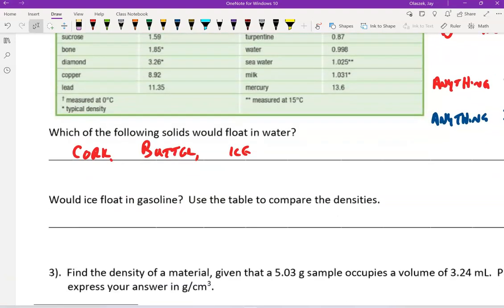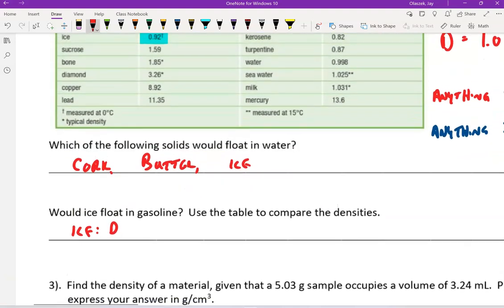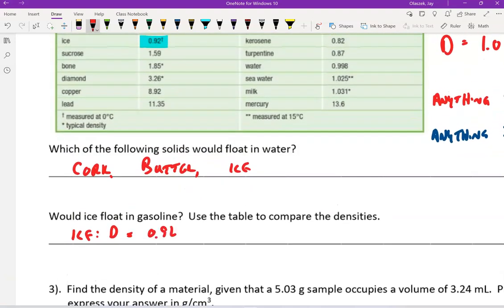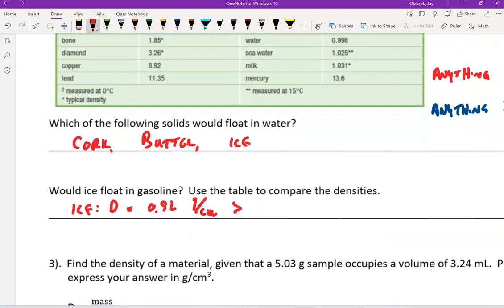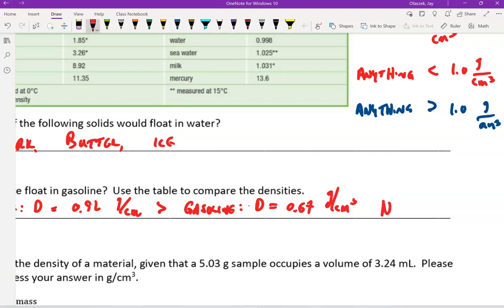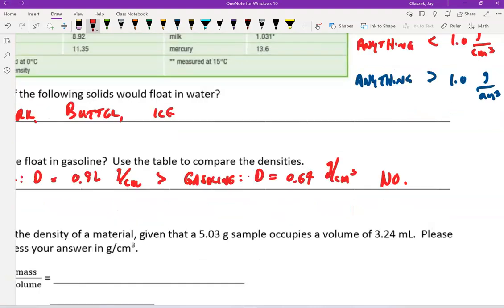But because ice has a density of 0.92 grams per cubic centimeter, that density is greater than gasoline's, which is 0.67. We know that looking at our table, gasoline has a density of 0.67 grams per cubic centimeter. And so, of course, the answer would be no. You'll see a question like that on the test.